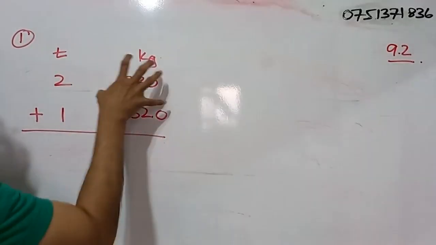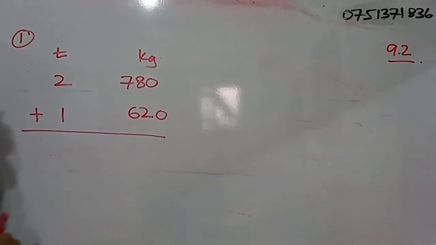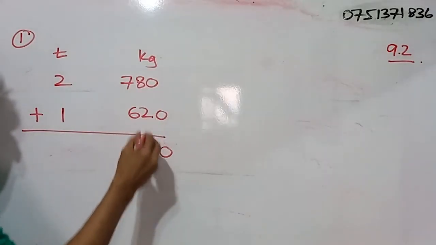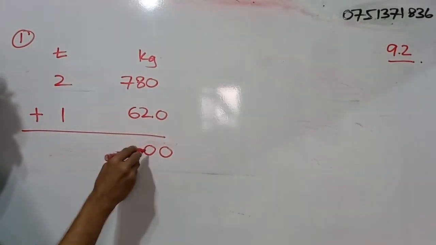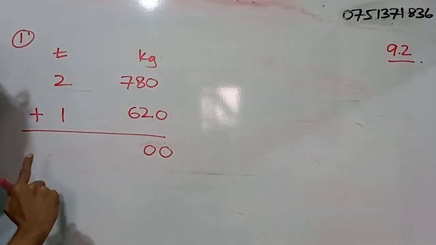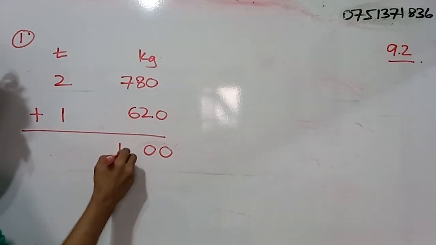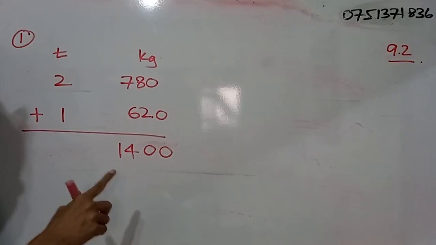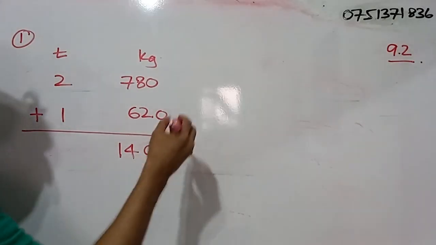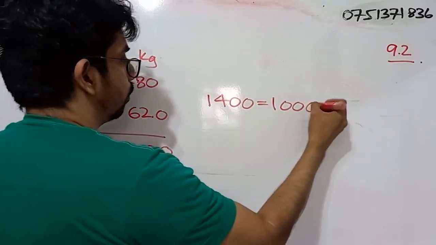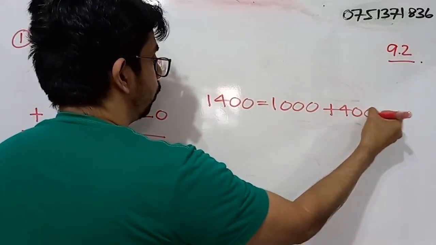So we start from the kilograms portion, right? 0 plus 0, that's a 0. 8 plus 2, that's a 10. So we put a 0 then, regroup the 1. 7 plus 6, that is 13, and we add a 1. So here we get what? 1400. But we cannot write 1400. We know we can break 1400 into what? 1000 and a 400.